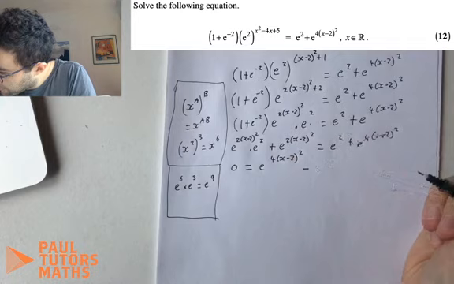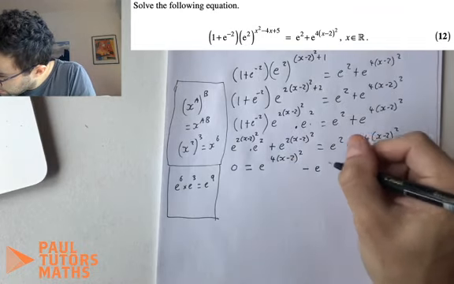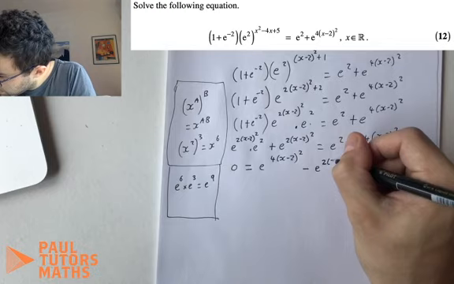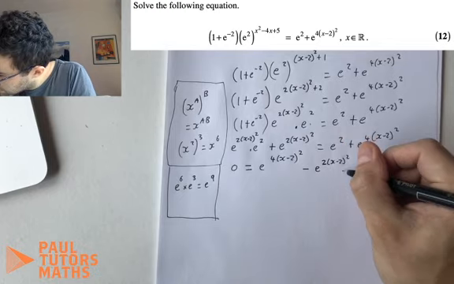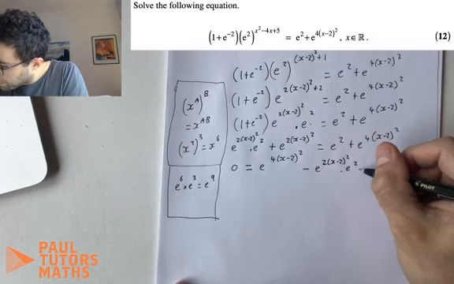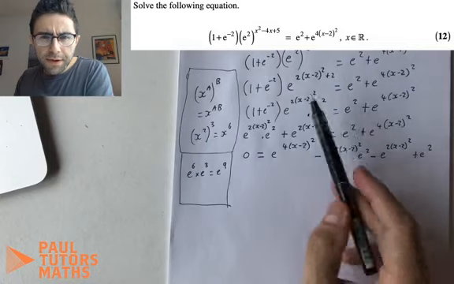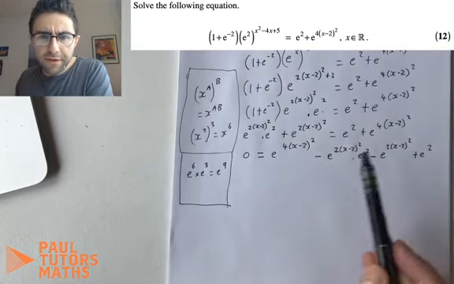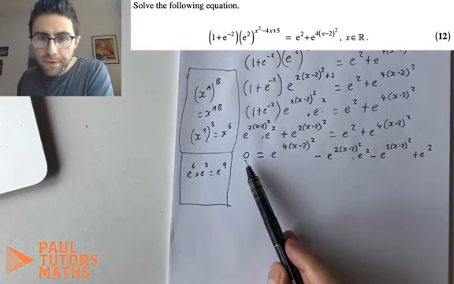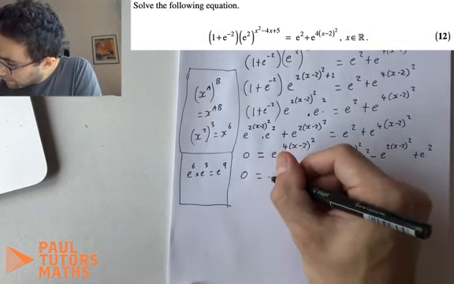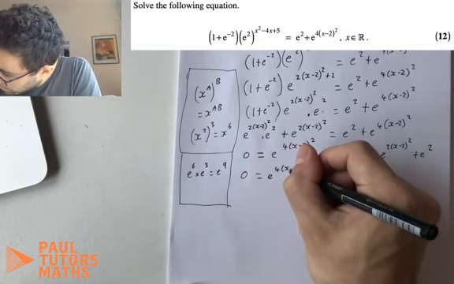So what was it? e minus e to the (2x minus 2) squared times e squared minus e to the (2x minus 2) squared plus e squared. I think I got all the terms there. I just moved these 2 things over to the right hand side and made it 0 equals. One more, e to the 4x minus 2.